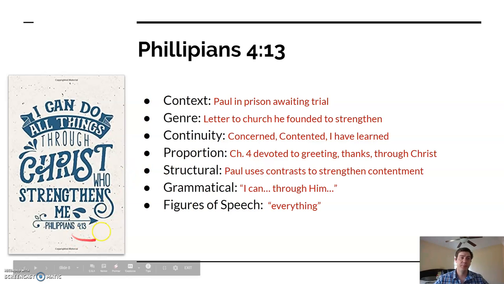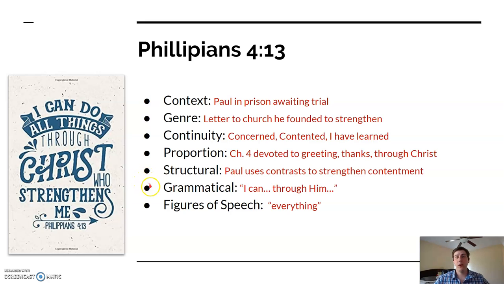Chapter 4 of Philippians is actually devoted to greeting, to thanking, and to... You'll see this in the next couple slides, but he always brings everything back to through Christ. I can do all things through Christ. So he just says that a number of times throughout the chapter, that everything is through Christ.